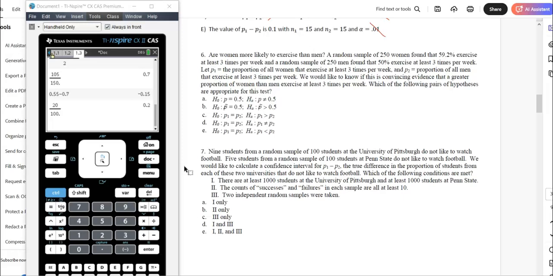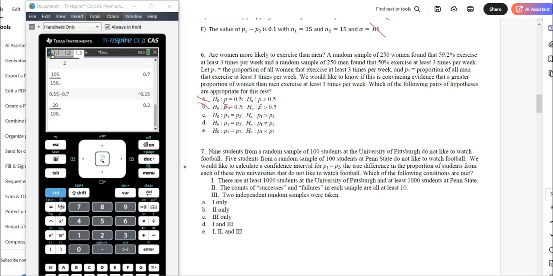Which of the following pairs of hypotheses are appropriate for this test? Okay, so right away, some of them are bad, like that's p hat for no, that's not going to happen there. So the difference, no, this is two different proportions, so A doesn't make sense.